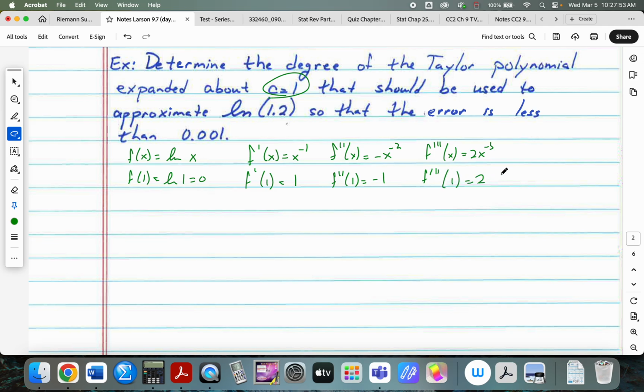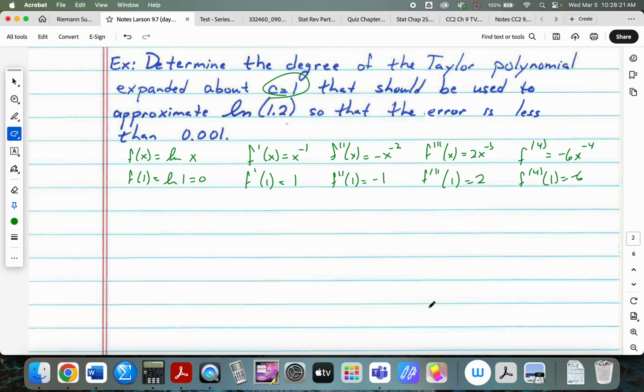And I think you can start to see that there's a pattern emerging here, right? The fourth derivative, we'll go ahead and do that one, f super 4, is going to be negative 6x to the negative 4. So the fourth derivative at 1 will be negative 6.